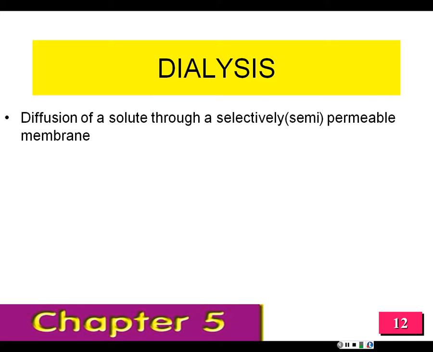And again, we're talking about how we're moving things across membranes, and membranes are said to be selectively permeable, or semi-permeable, okay? So cell membranes, we said, were selectively permeable.